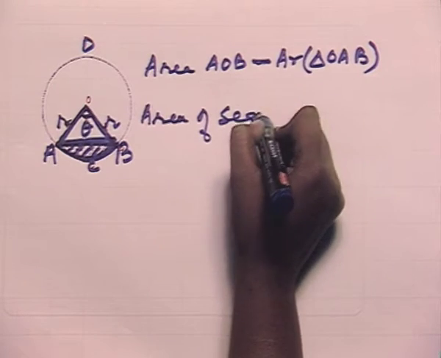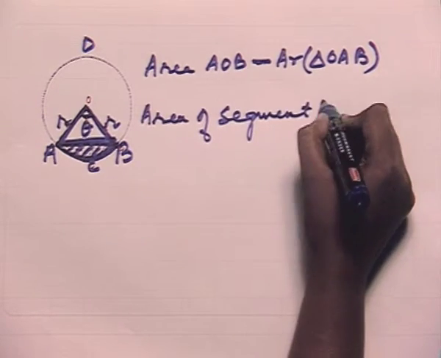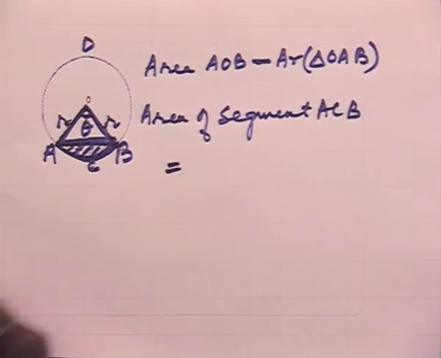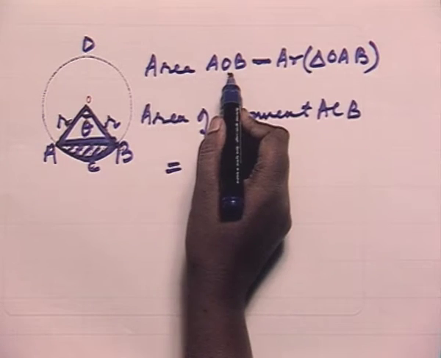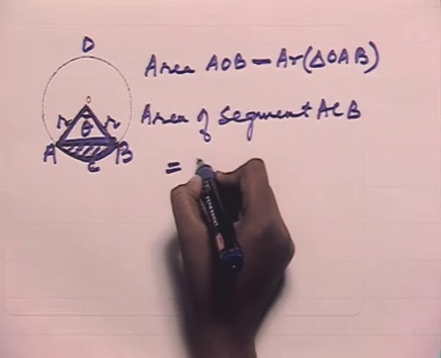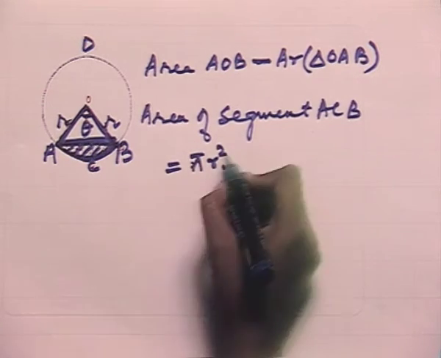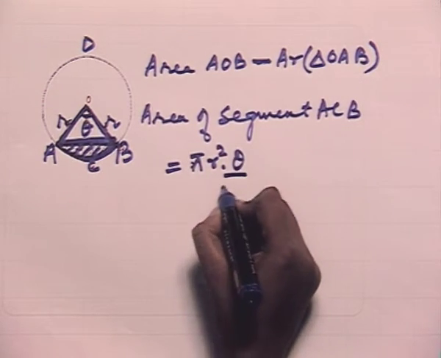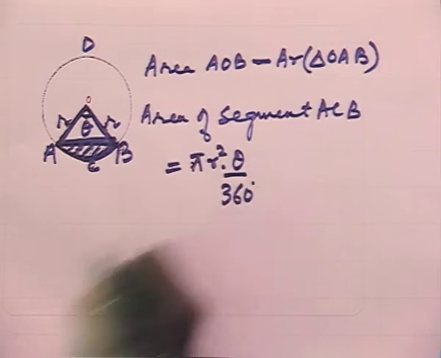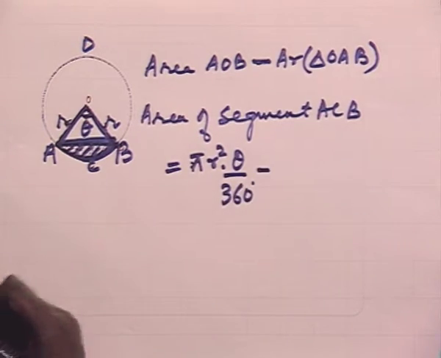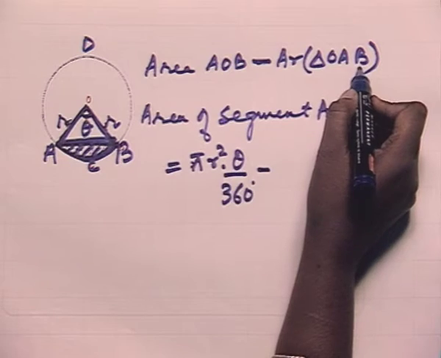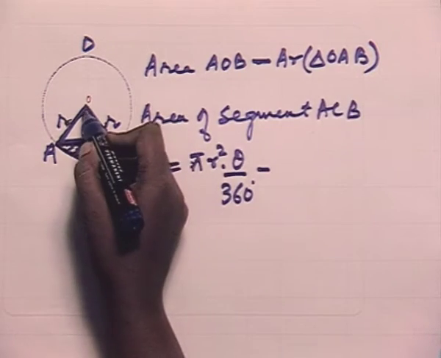Area of segment ACB is equal to now area of the sector AOB. What is that? It is pi r square into theta upon 360 degree minus area of the triangle OAB. And what is that area?